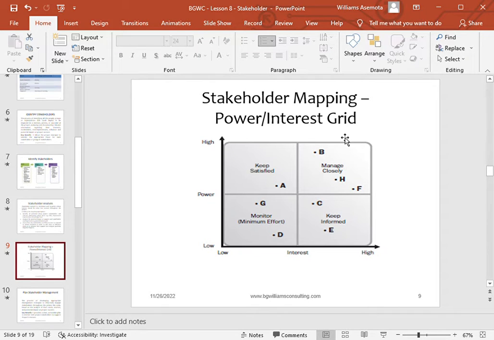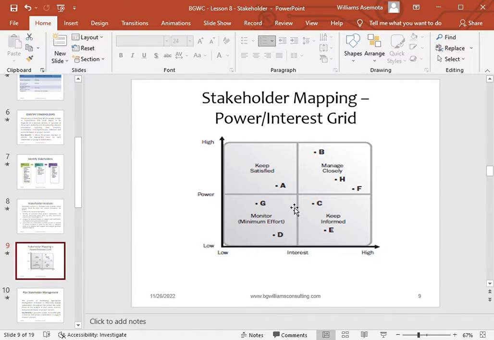The power interest grid is the strategy used by the project manager to analyze, classify, and restructure all the stakeholders that have been identified in the project, so that you can tell how you should plan for each of them.